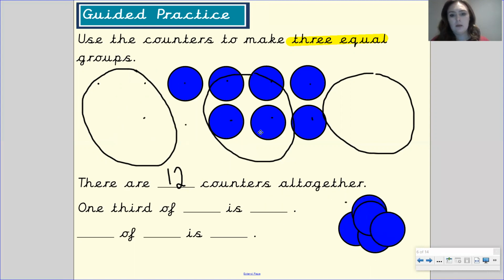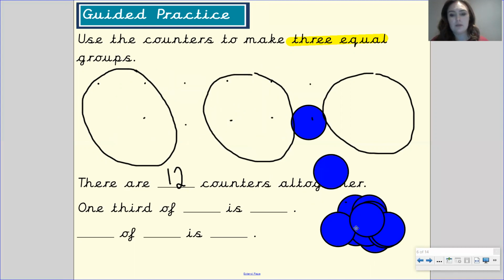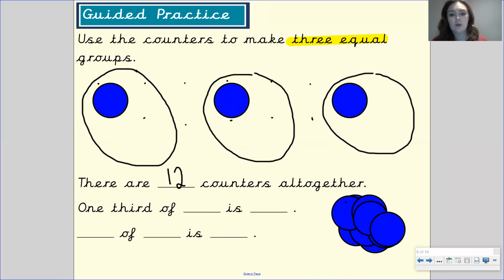Okay, so what we're going to do is share them equally between these 3 groups. So we're going to put 1 in each, one after the other. So here's our first one, and our second one, and our third one. And we're going to keep doing that until we've run out of counters.